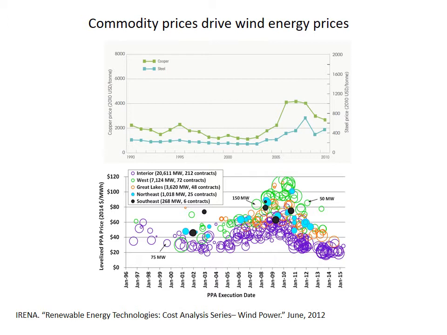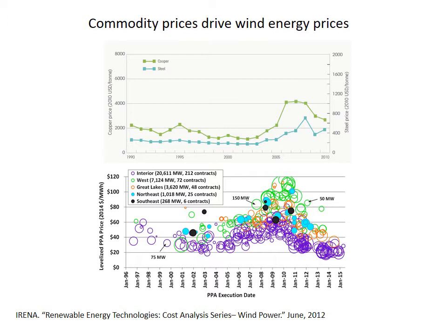So there's no chance for the commodity prices to go back down and lower the price of electricity from a wind farm or a solar farm. If you happen to build a wind turbine in a year where steel and copper prices are really, really high, then the long-term price that you're going to need from selling electricity to make your money back is a lot higher. And that's what these figures show.